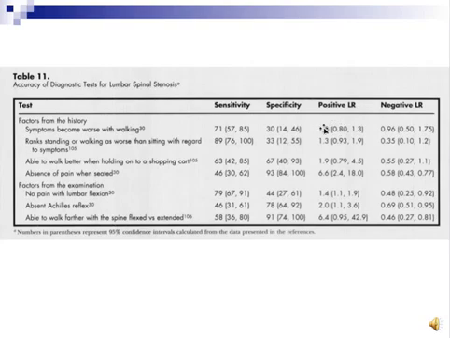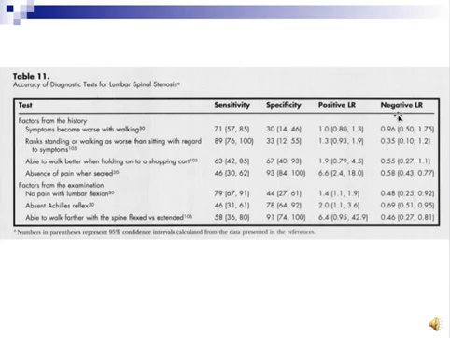So the positive is exactly 1, which means it doesn't really influence the post-test probability. The interval could be as low as 0.8 or as high as 1.3, so it really has no influence on our thinking.